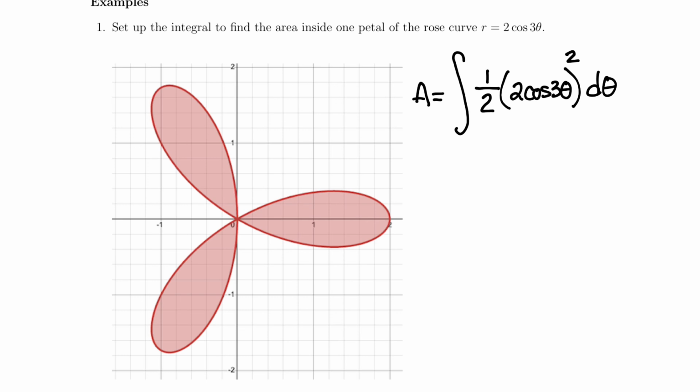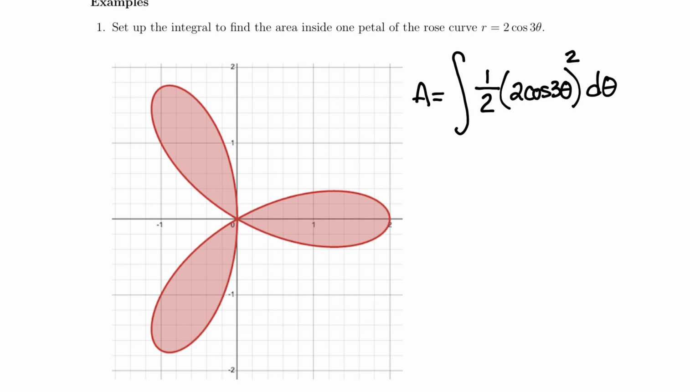It really does hit at pi over 2. So it hits at pi over 6, it hits at pi over 2, and it hits at 5 pi over 6. So if we go from 0 to pi over 6, that'll give me that half right there.